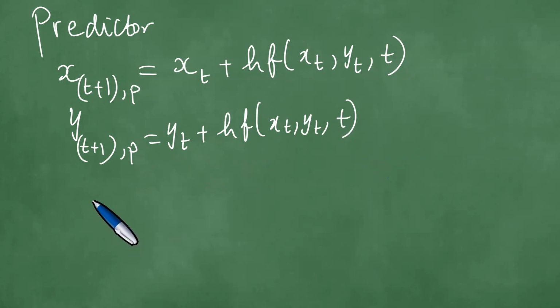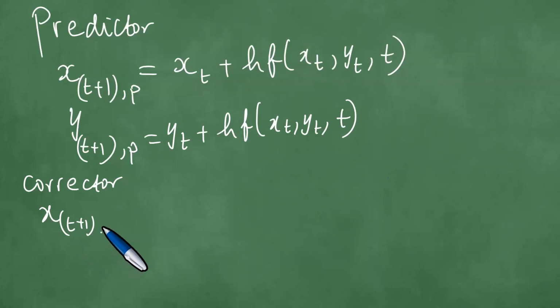Let's look at the corrector, which is at t plus 1.